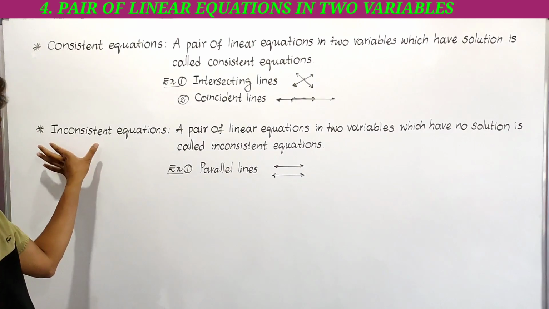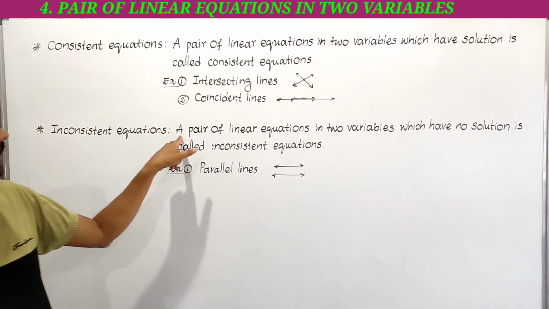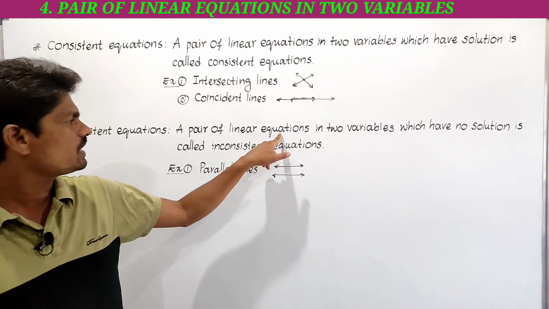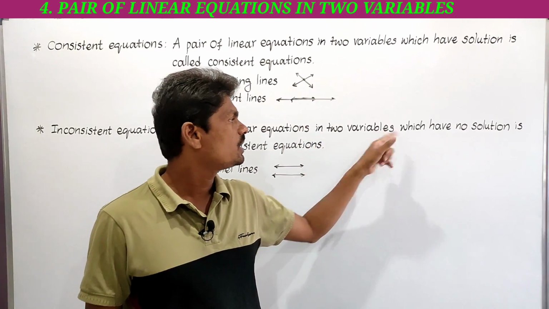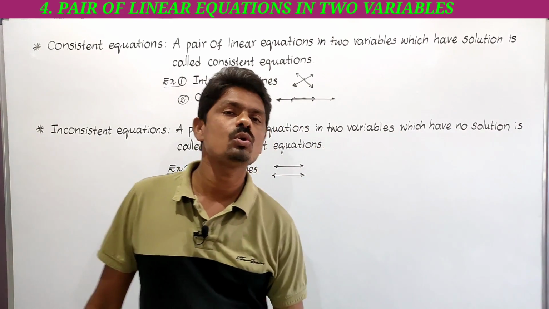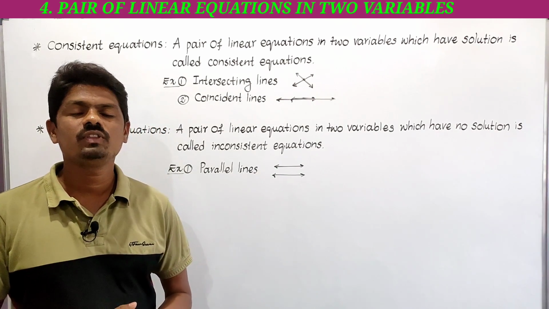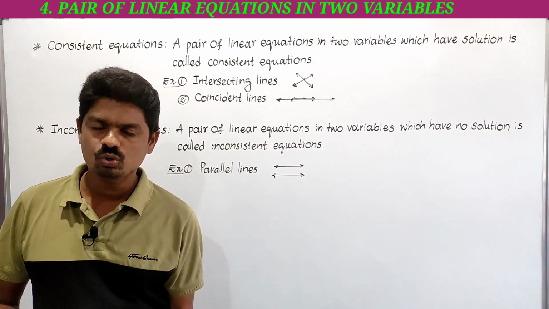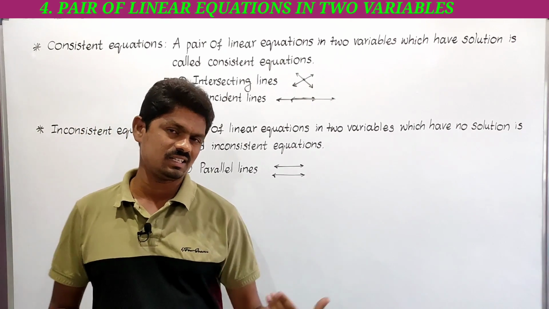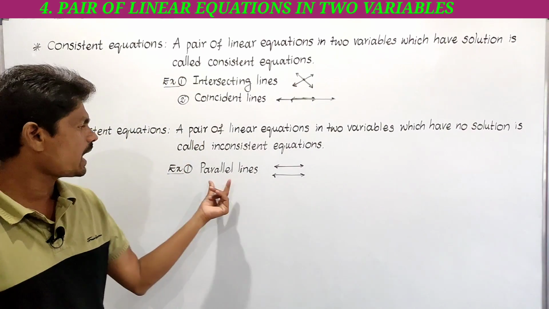So see here, what are inconsistent equations? A pair of linear equations in two variables which have no solution is called inconsistent equations. So if the given equations have no solution, we can say they are inconsistent. Examples are parallel lines.